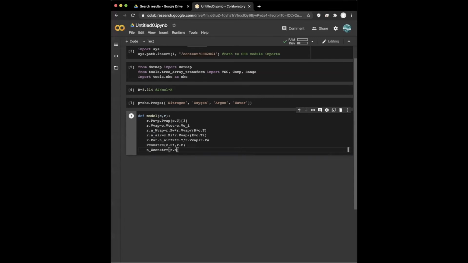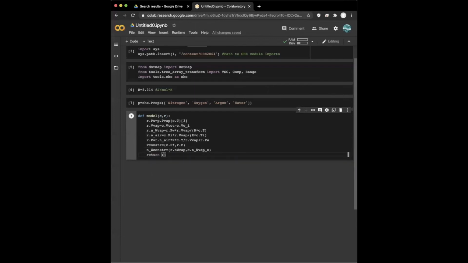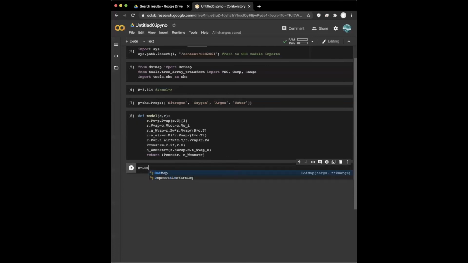And then R dot N water vapor, C dot N water vapor underscore Z. And then what we'll want to do is return the P constra and the N underscore water constra. We'll shift enter, make sure we don't have any problems. That's good.